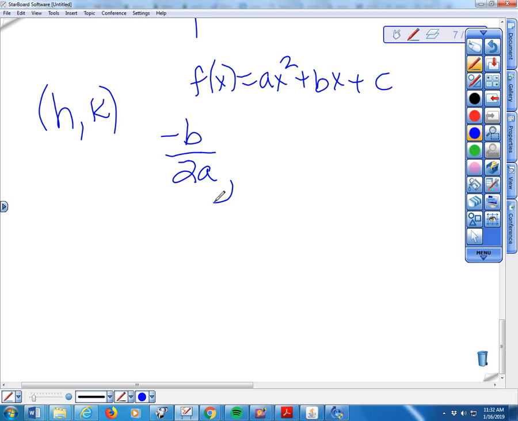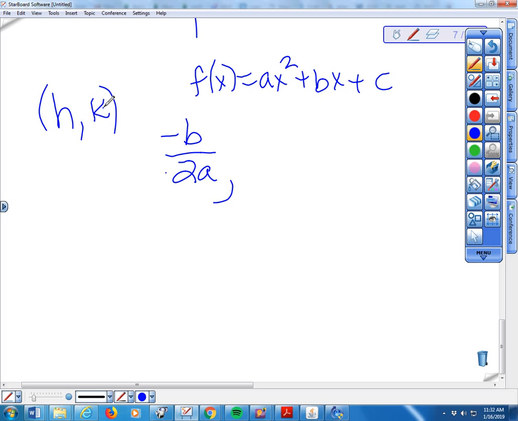And now to find k, normally, if we know what negative b over 2a is, all we do is plug it in for x and solve for y. That's k. When you know the x-coordinate of the vertex, you plug it in for x.